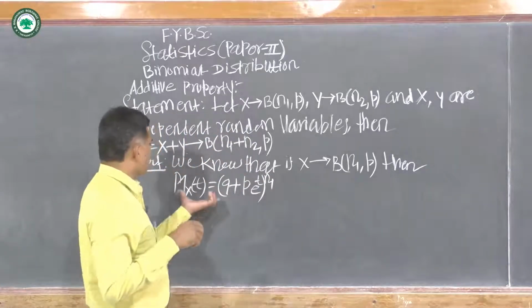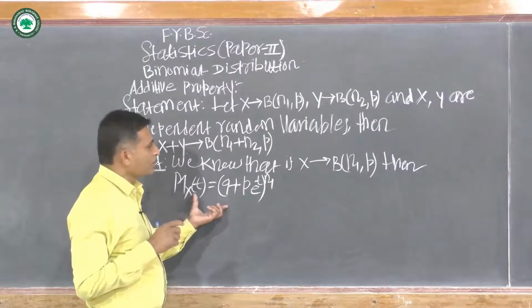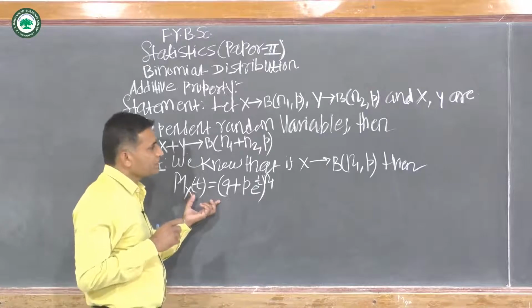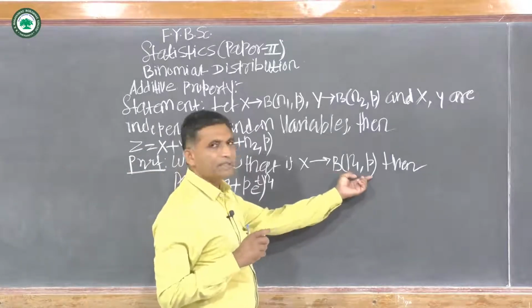This is the moment generating function of binomial distribution with parameters n1 and p.